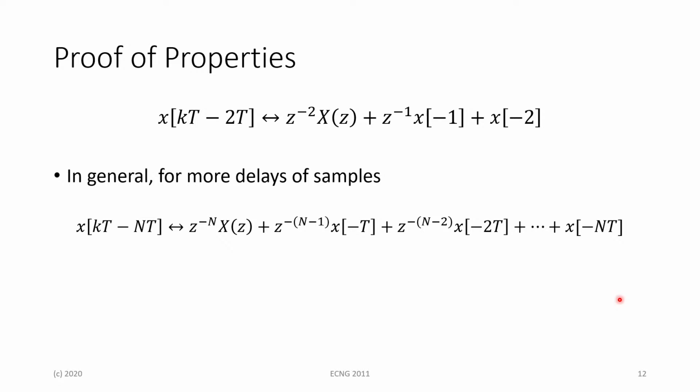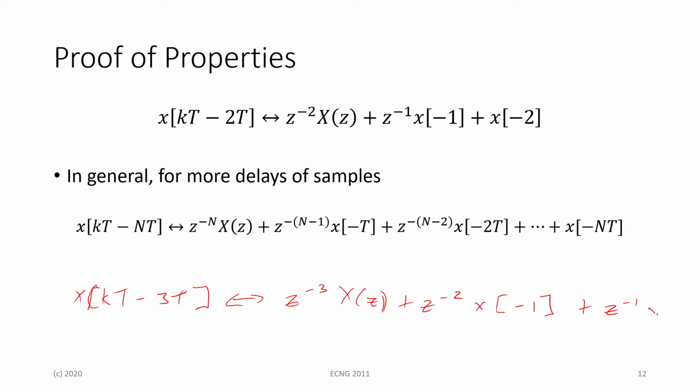So for example, if we had the following difference equation here, being x of kt minus 3t, the relevant Z transform for this difference equation will be Z to the negative 3 x of Z plus Z to the negative 2 of x of minus 1 plus Z to the negative 1 of x of minus 2 plus x of minus 3.